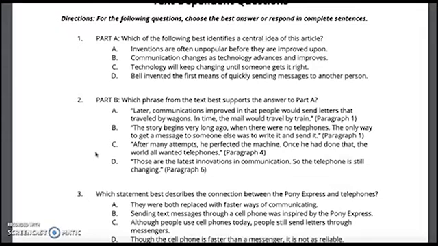We need to think to ourselves, when we read through A through D, does this sentence prove I'm right in Part A? Does this sentence match my answer? Does this sentence tell me that I am correct? Make sure that your answers match in Part A and Part B.